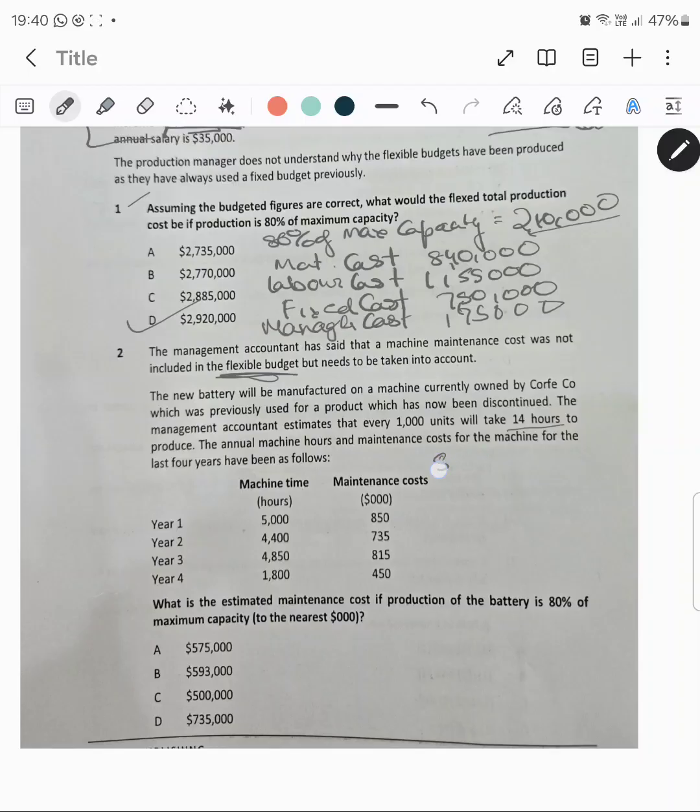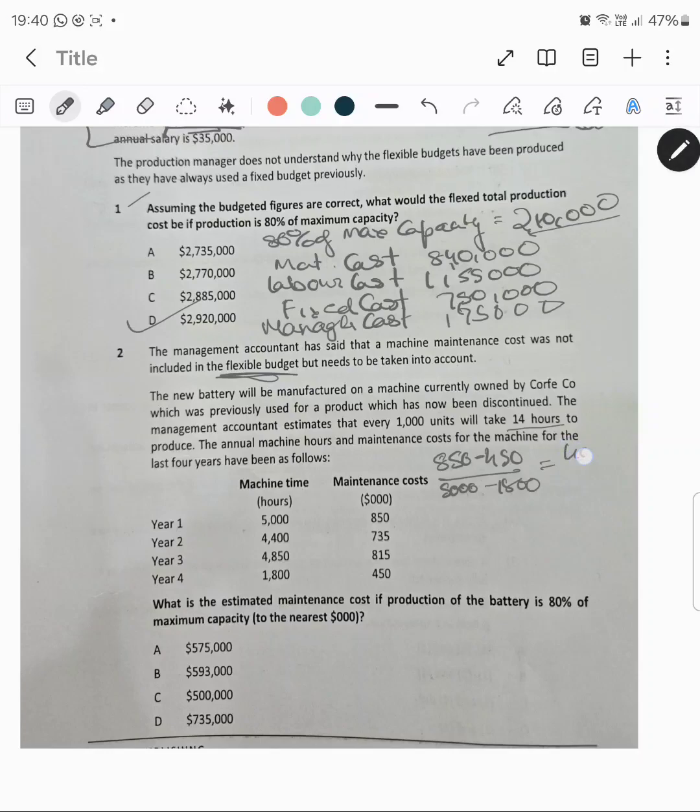Now highest cost is 8 lakh 50,000, lowest is 4,50,000, and hours 5,000 minus 1,800. So this is 850 minus 450 upon 5,000 minus 1,800.